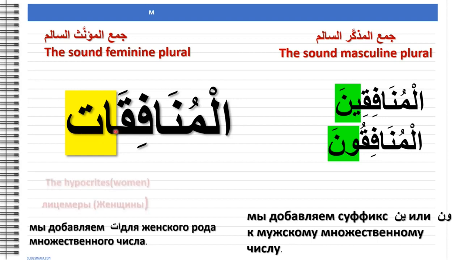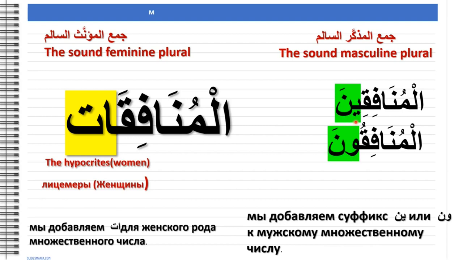And for the masculine plural, we add the suffix ina or una to the last root letter, depending on the grammatical context. المنافقات, المنافقين, المنافقون.